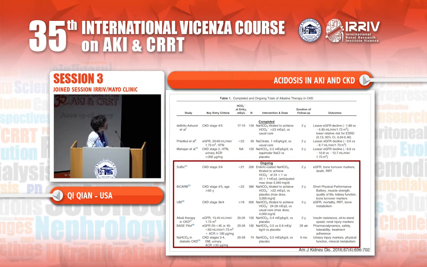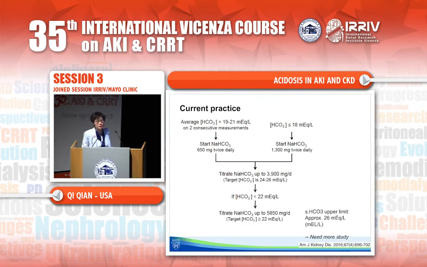We have multiple trials coming up, and probably the results will come out next year to look at whether this beneficial effect can be verified and confirmed by larger studies. But current practice is that if the patient has a bicarbonate less than 22, you should really correct this acidosis.